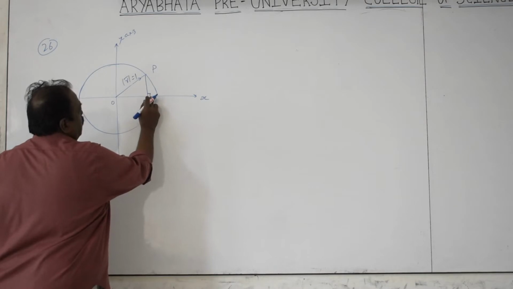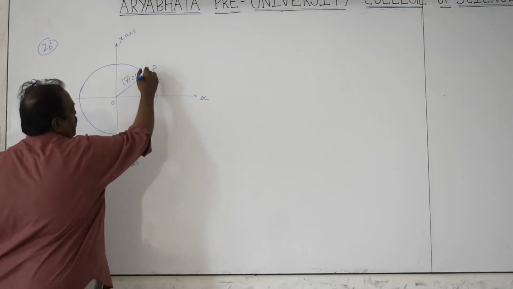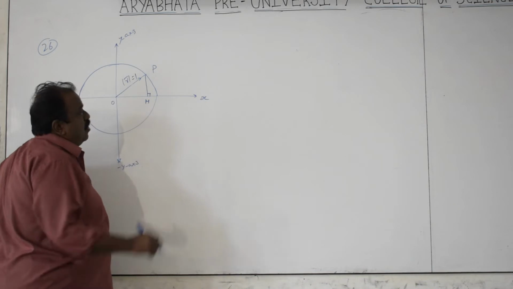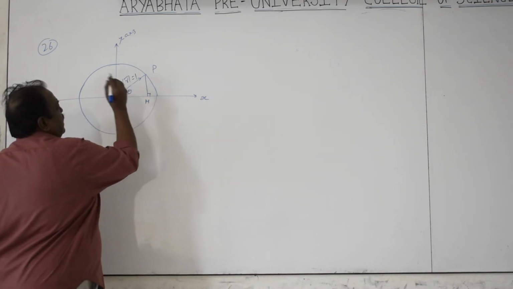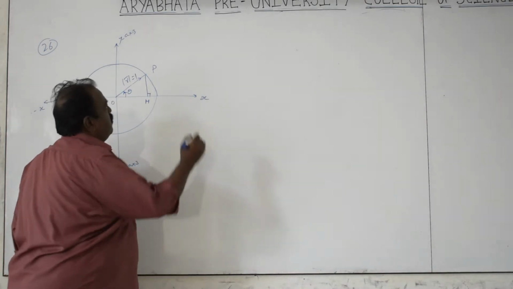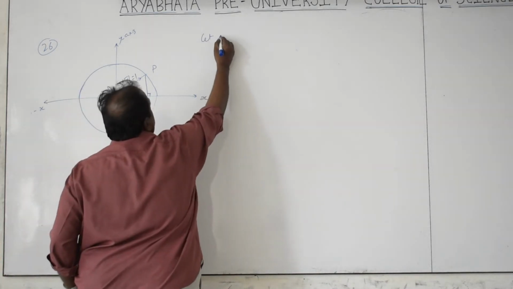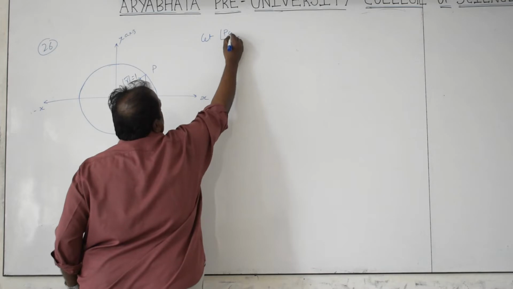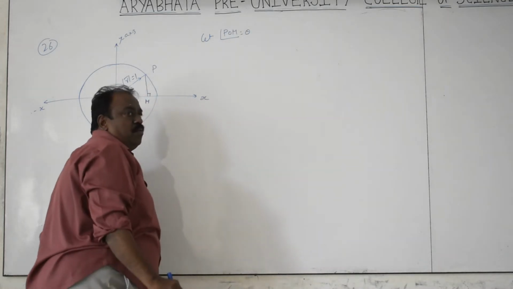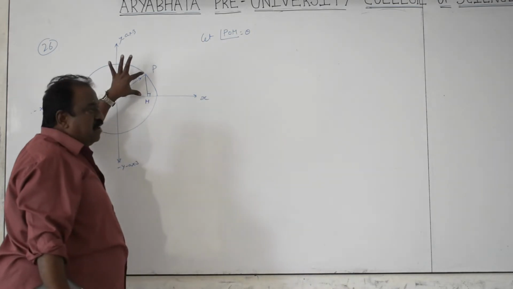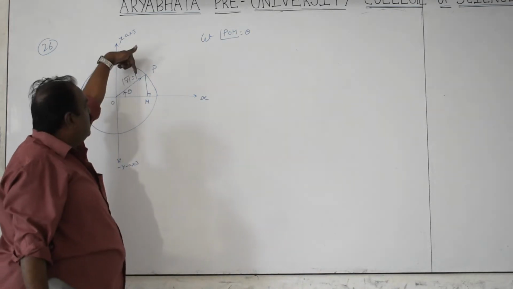PM is a perpendicular on the x-axis. Let angle POM be theta. PM is not given; we are drawing a perpendicular.